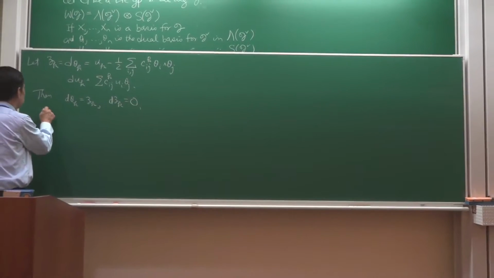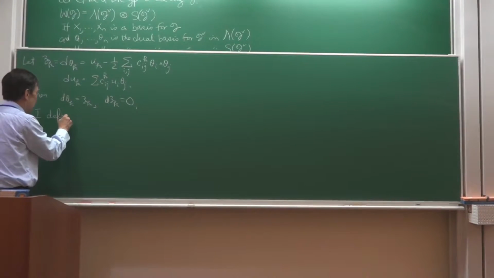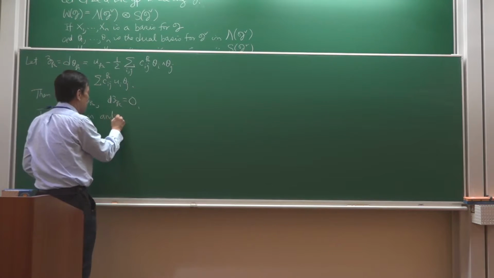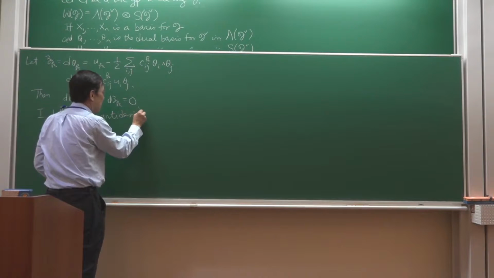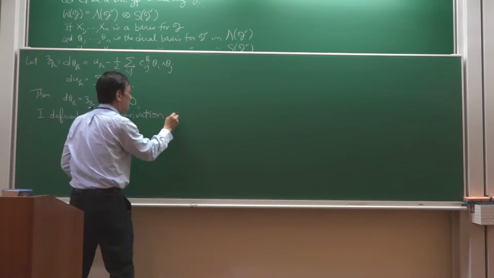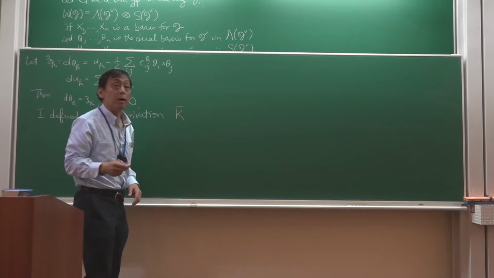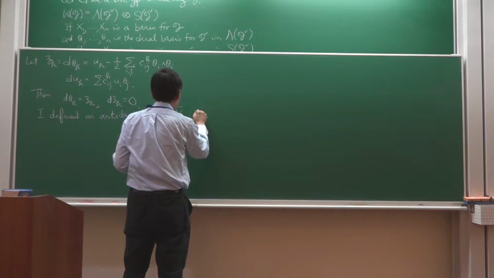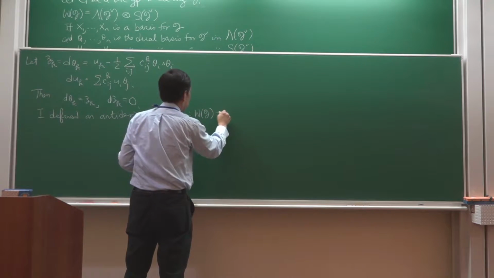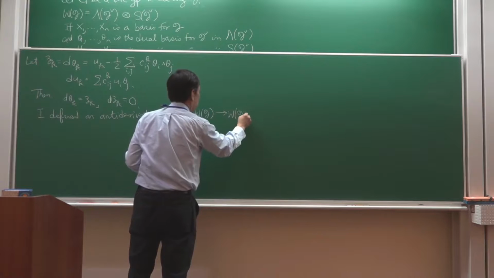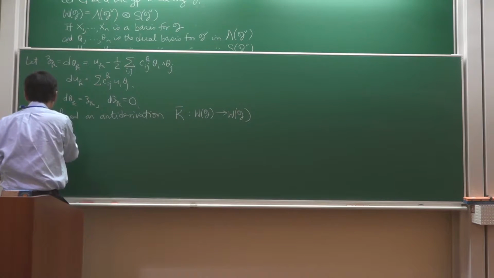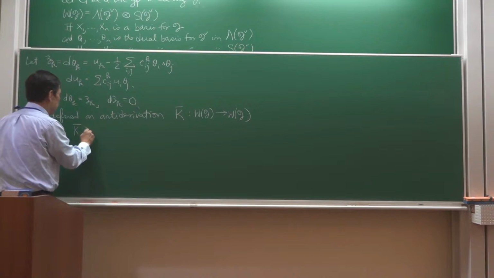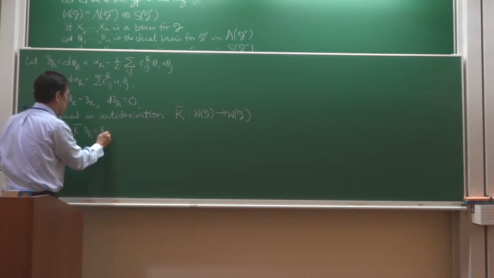And then I defined an antiderivation k bar on the Weil algebra by defining it on the generators. So k bar of zk is theta k.